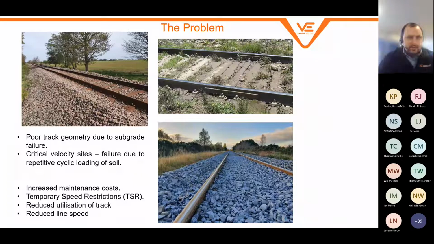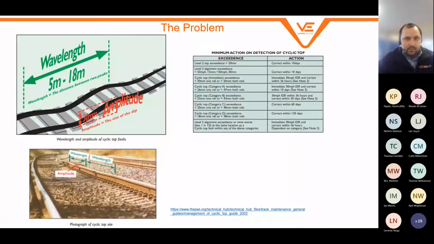And in certain instances, and for a variety of reasons, we can end up in a situation where that subgrade fails or begins to fail, either through cyclic loading, where we can see critical velocity failures that we'll explain more about. A lot of it can be affected through water or moisture conditions, and as a result of that, we see increased maintenance costs, the need for temporary speed restrictions, the reduced utilisation of track, and also potentially reduced line speed as well.